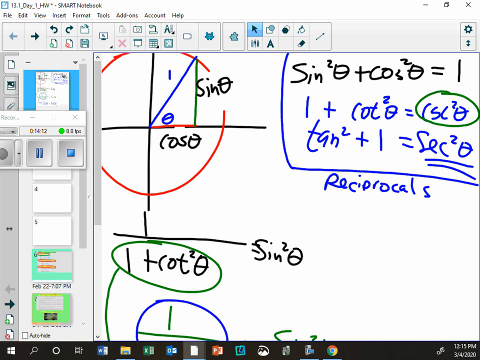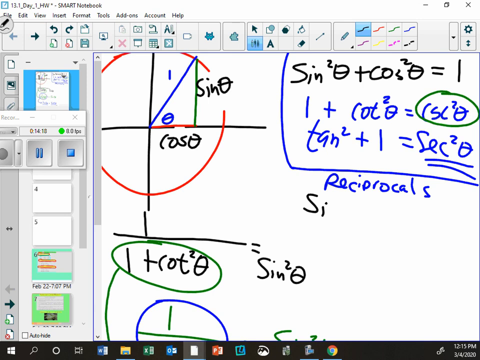I'll just move this over a little bit. All right. Sine of theta is 1 over cosecant. Now, if you really want an extensive list, you could rearrange that and say that cosecant is 1 over sine. But I don't think you need to make too many things to memorize. If you know this one's true, the converse is also true.